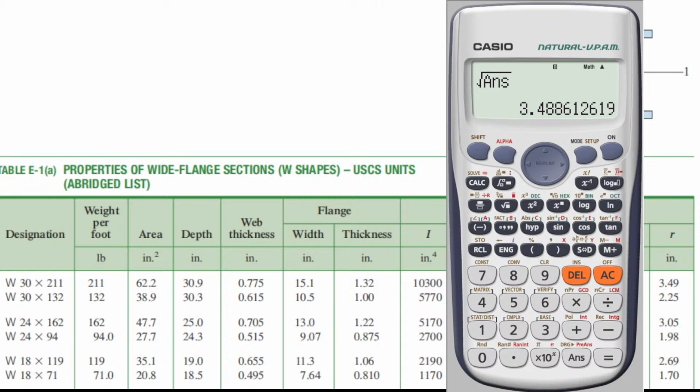W10 by 30, W10 by 12. You can use interpolation between these, interpolate 30 and 12, or you can use a better table which has W10 by 22.